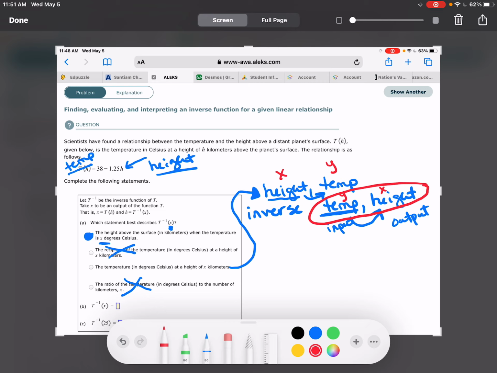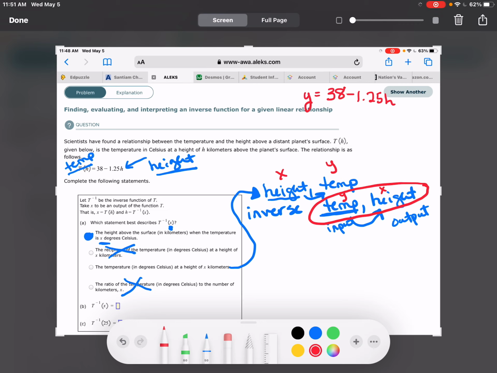Okay, so then the next question is, what is the inverse function of x? Here's how we find that. We start with our original. We call it y instead of T of h equals 38 minus 1.25 h.